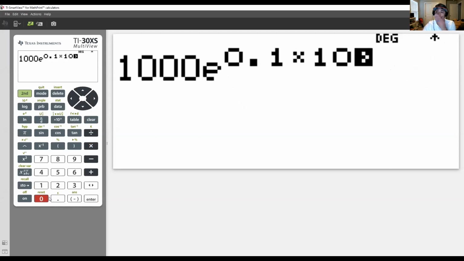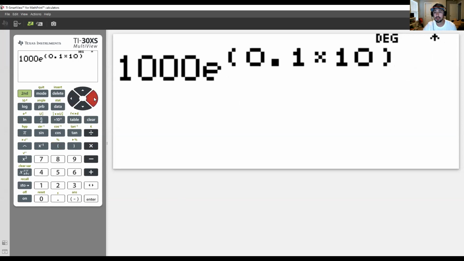Oh, I forgot parentheses, but hey, it's all still in the exponent. But if I want proper notation, let me do that. Second, insert parentheses. There you go. Like I said, type it in exactly how we wrote it.